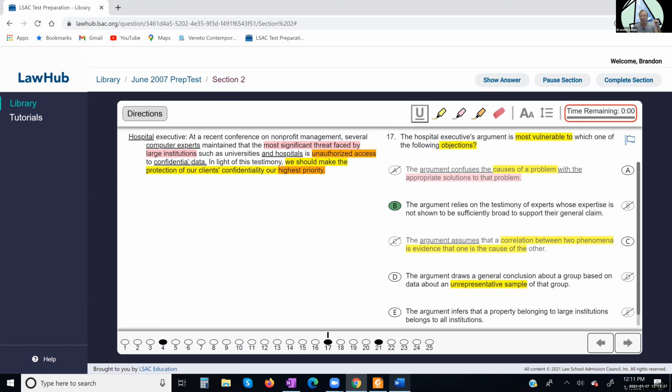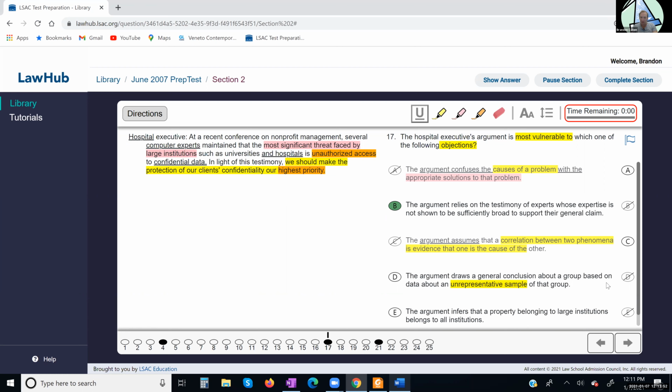It's not that saying the computer expert, that's our source. That's different than the sample of our evidence. So the source is problematic, not the sample of our evidence. The evidence was about large institutions such as universities and hospitals.